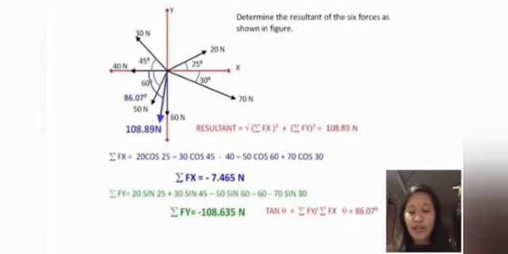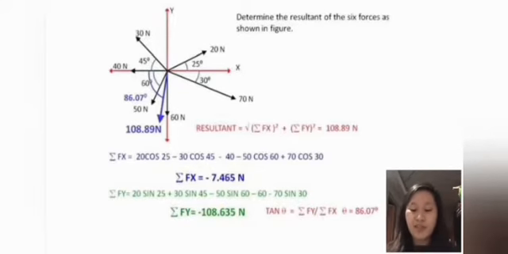To get the angle of inclination, we do sigma fy divided by sigma fx, which is tan theta. You take the tan inverse and you will get the angle, which in this case is 86.07 degrees.